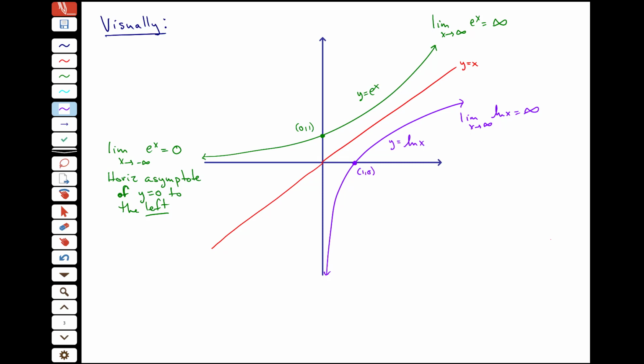And then over here, at the other edge of the domain of this function, the limit as x goes to 0 just from the right of the natural log of x is equal to minus infinity. So in other words, the natural log, or any logarithm, has a vertical asymptote at x equals 0, but just on the right.